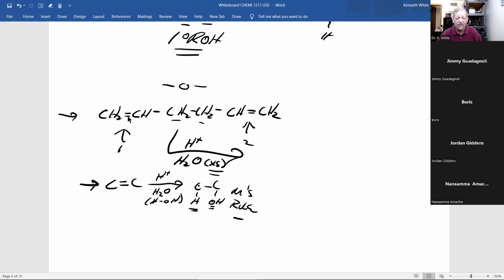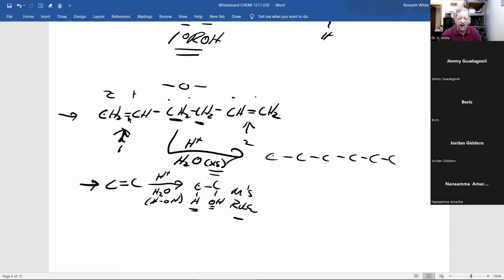Now, do you break carbon-carbon single bonds? No. So I start out with 6 carbons. I better end up with 6 carbons. Now, when they're separated by more than one carbon, which I'll always do for you, each double bond acts like it's alone. So if we look at the first double bond, this has 2 hydrogens, this has 1, which is more.